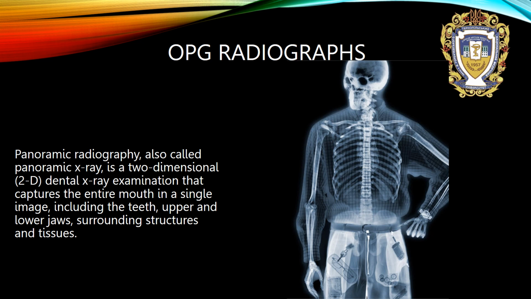Panoramic radiography, also called panoramic X-ray, is a two-dimensional dental X-ray examination that captures the entire mouth in a single image, including the teeth, upper and lower jaws, surrounding structures and tissues.